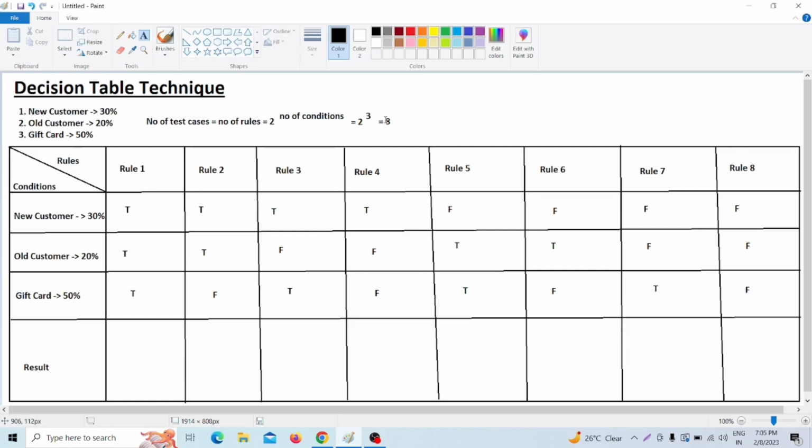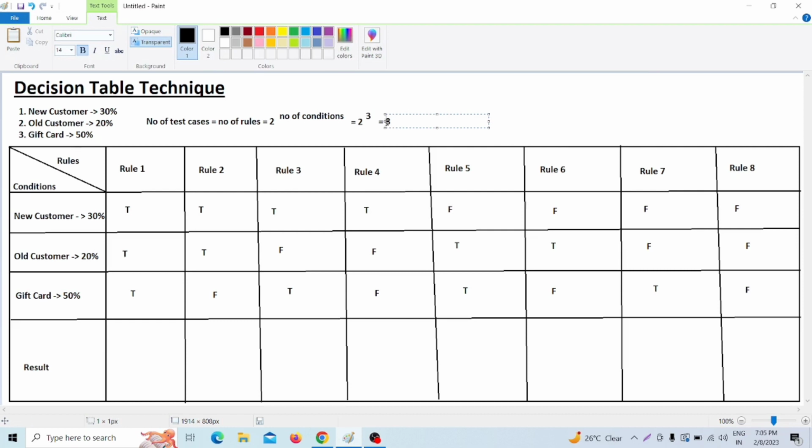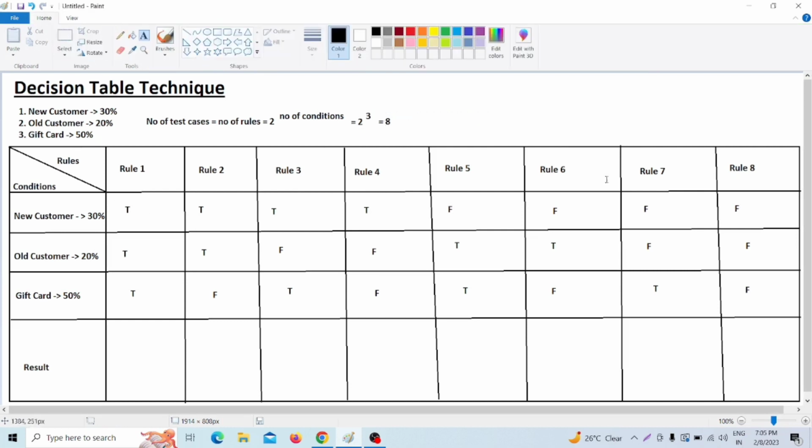For those 16 rules, the first 8 should be true, then the last 8 false. Then next 4 true, 4 false, again 4 true, again 4 false.